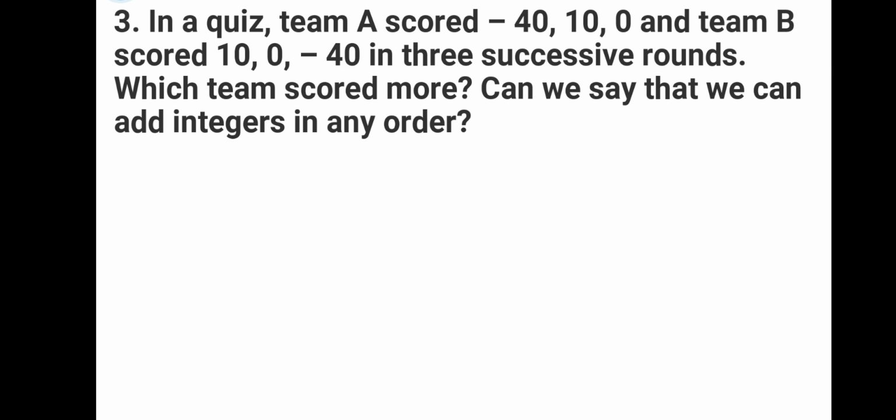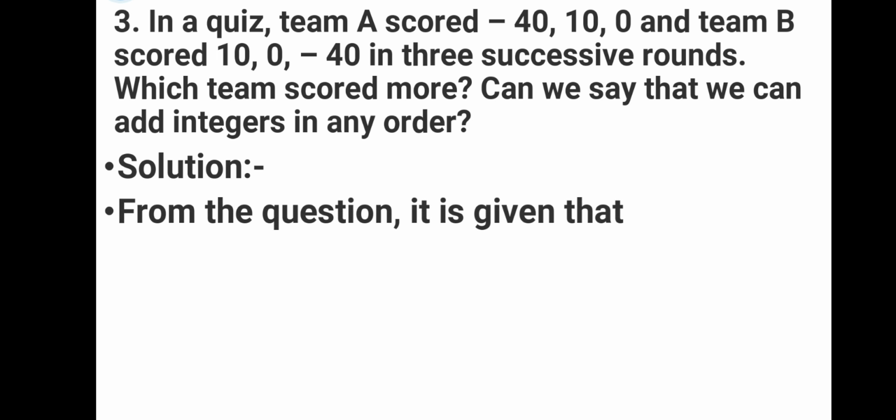Team A scored in three different rounds, and team B also in 3 different rounds has scored some points. We need to find out which team has scored more. And one more question they asked, can we add integers in any order? So let's see how the solution is.